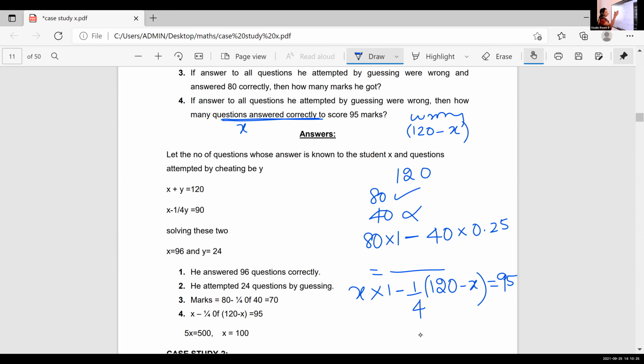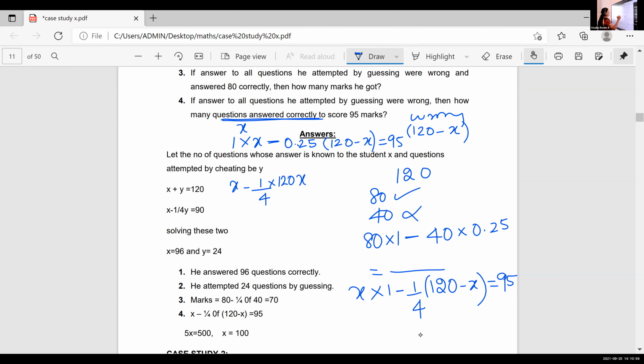Based on this, how will you calculate the marks? For each correct answer, 1 mark, 1 into x. And for each wrong answer we have to reduce, so that is why we put minus. We deduct 0.25. So x minus 0.25 into (120 minus x) is 95. Now open the bracket: x minus 0.25 into 120, that is 1 by 4 into 120.